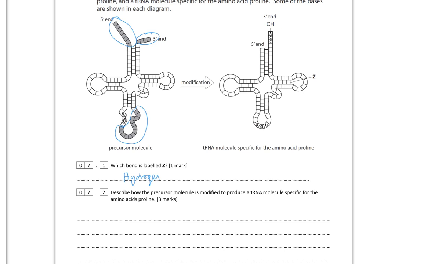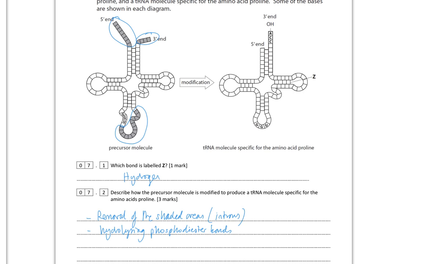So I'm going to say there's removal of these shaded areas. I think they're introns. That's what it said in my question. They undergo splicing. Removal of the shaded areas, and if they've been removed, you would be hydrolysing phosphodiester bonds to remove them and then forming them to join them back together again.